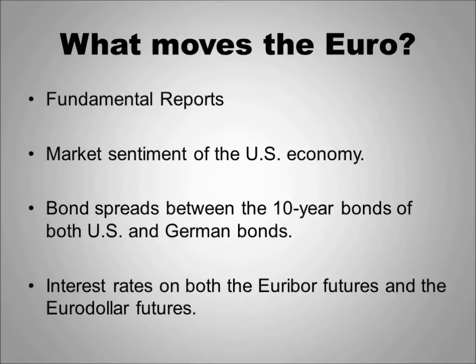Again, we mention Germany because they're the most active in the Eurozone. And interest rates on both the Euribor futures and the Euro-dollar futures. Oh, and where I've written Euro-dollar, what that means is the US dollar stored in European reserves.